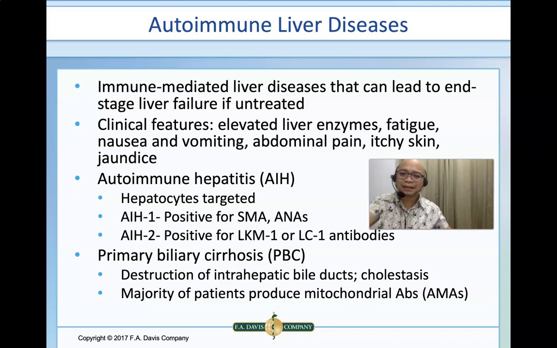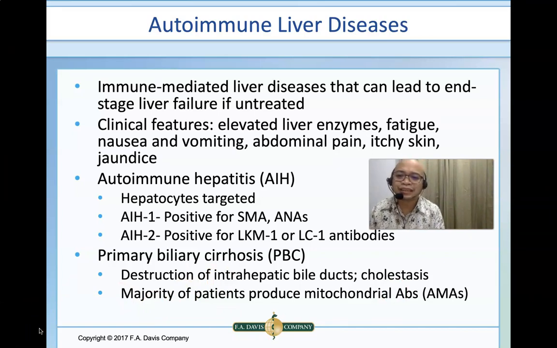So autoimmune hepatitis, here the hepatocytes are targeted. For AIH1, a person would be positive for SMA and ANA. And for AIH2, that person would be positive for LKM1 and LC1 antibodies.